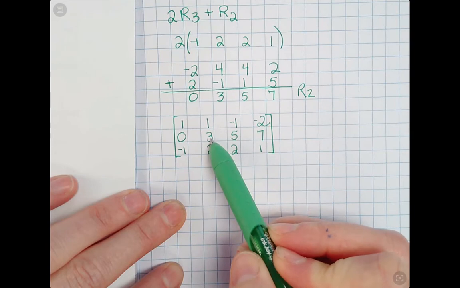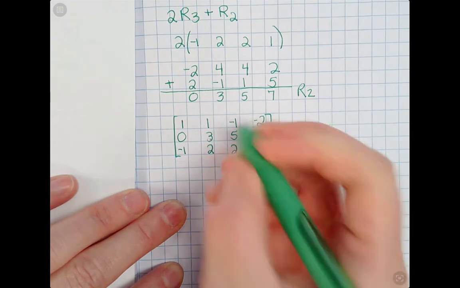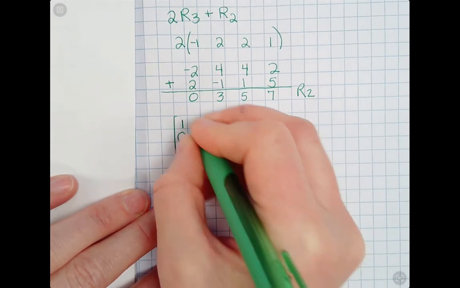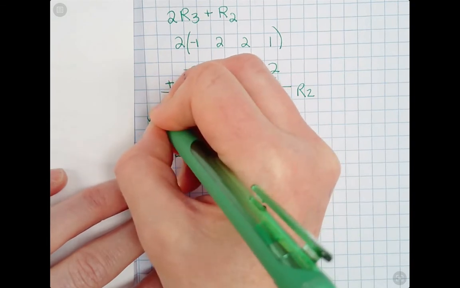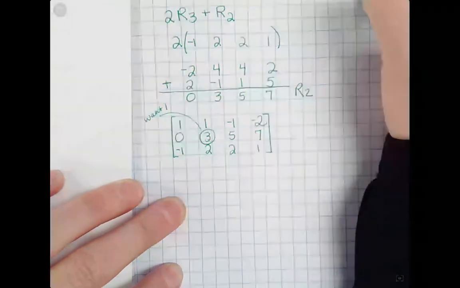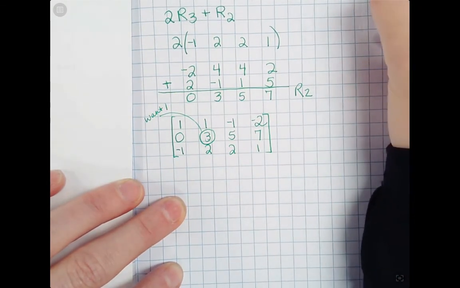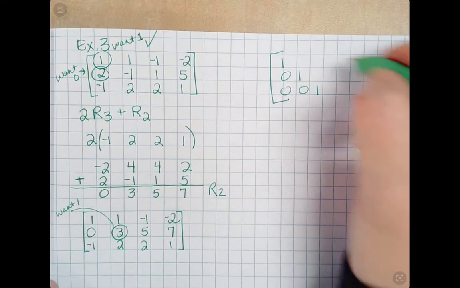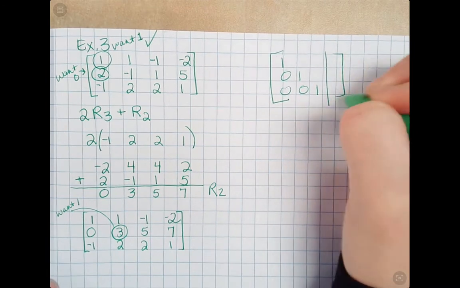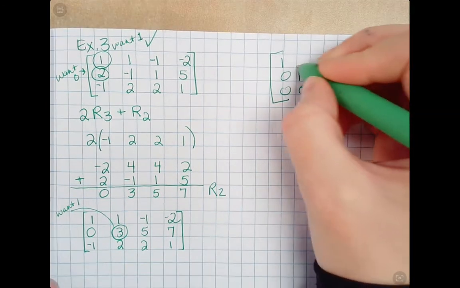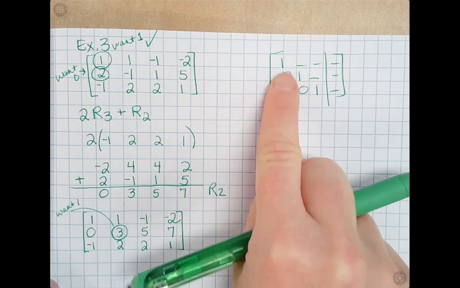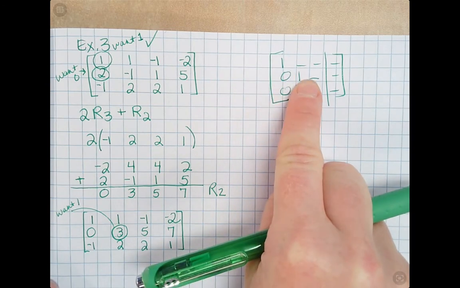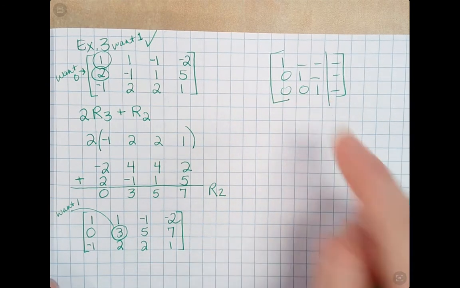So the next thing would be to get this 3 to equal 1. Because remember, our goal is to have that triangular look to it. Like this. Some number in those entries. But the 0, this 1, 0, 1, 0, 0, 1, that's our goal.